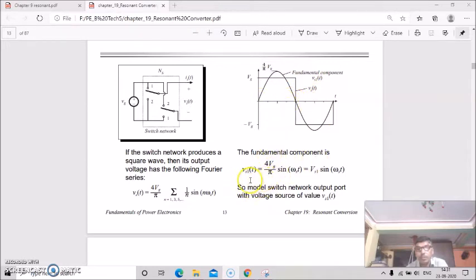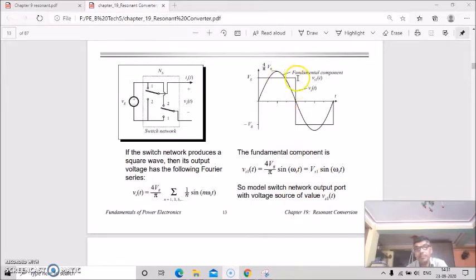So the fundamental voltage, (4Vg/π) sin ωst, will be vs1(t) = Vs1 sin ωst. So model the switch network output port with a voltage source vs1(t), the fundamental component.